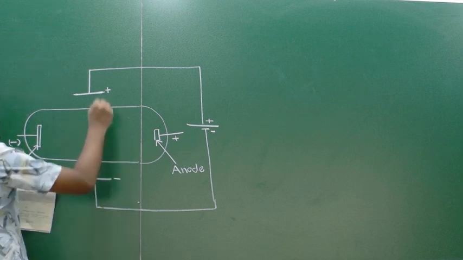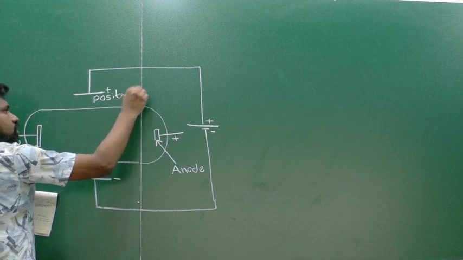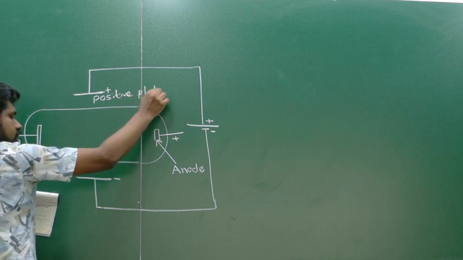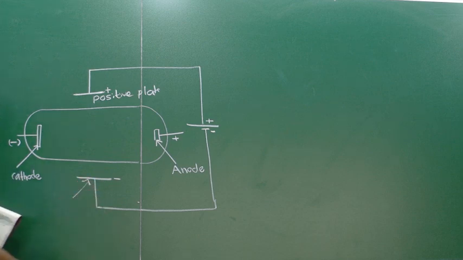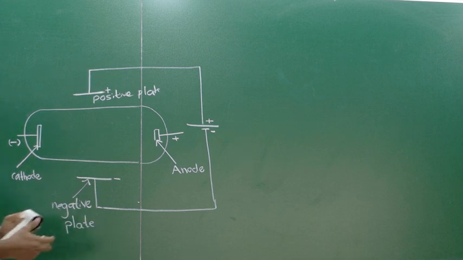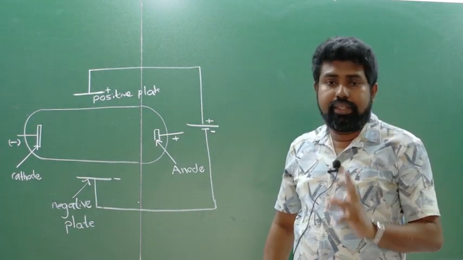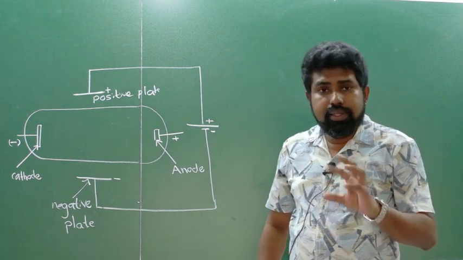So, he places a positive plate, and this is a negative plate. With these positive and negative plates, he created an electric field in between the two plates.